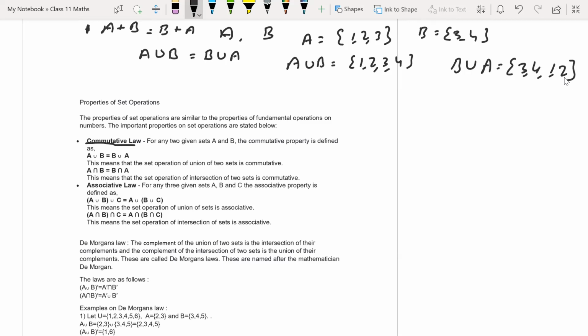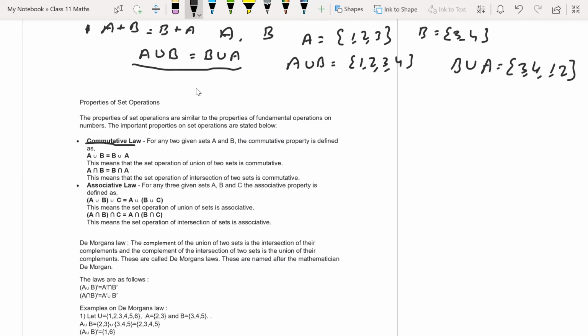The elements in A union B are the same as in B union A. Then we can say that the set operation of union is commutative in nature.